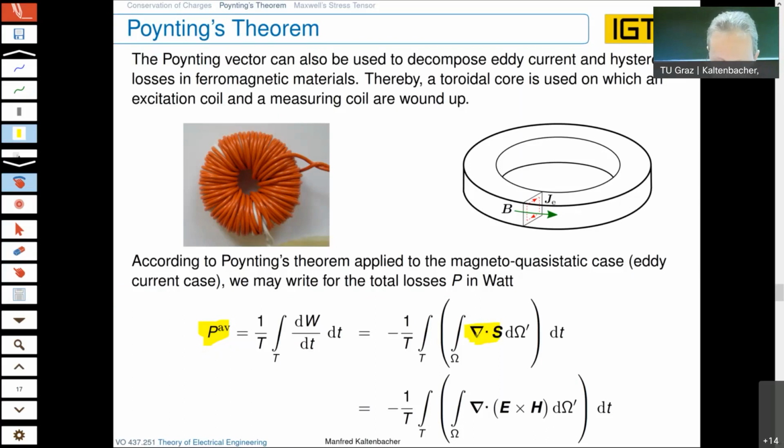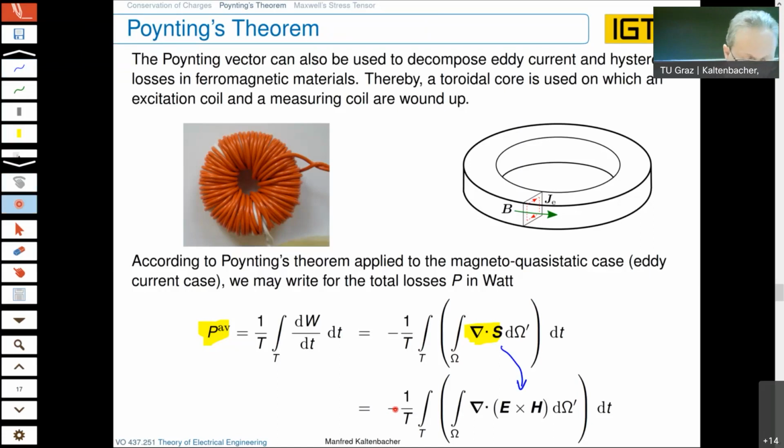So we have to integrate this over the volume and then average it over the period T. We know that the Poynting vector is expressed by the cross product between the electric field and the magnetic field, here already expressed by H. So we don't have the scaling with 1 over permeability as we would if we used B. And we also have this minus, as we had it in our theorem before.